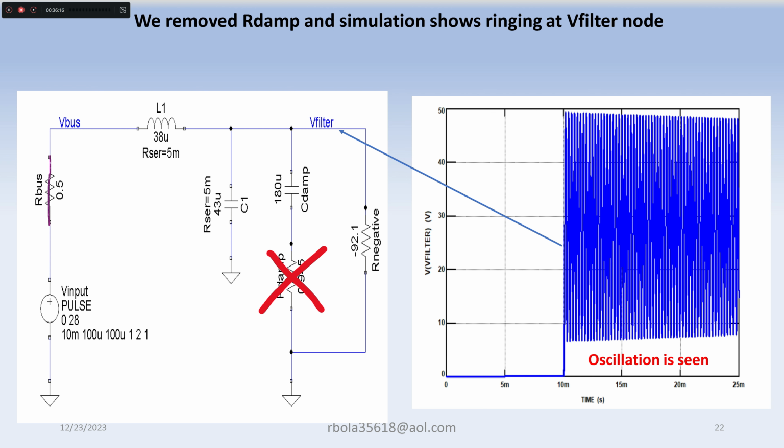Okay, so a neat thing to do is to see what happens if you don't have a damping circuit. What I did is I removed the damping resistor, and another thing that I did is I short circuited across this resistance from the bus.